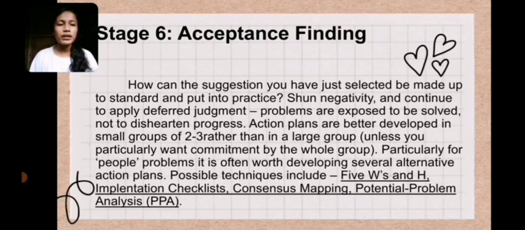Action plans are better developed in small groups of 2 to 3 rather than in a large group unless you particularly want commitment by the whole group. Particularly for people problems, it is often worth developing several alternative action plans. Possible techniques include 5 W's and H, implementation checklists, consensus mapping, and potential problem analysis or the PPA.